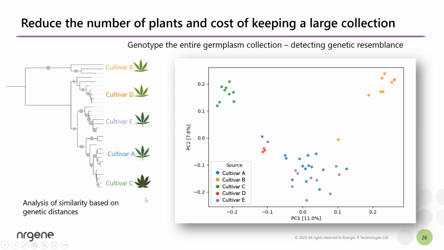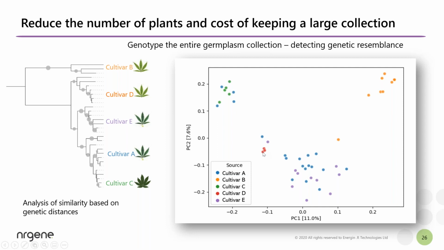We provide the genetic analysis and relatedness of the samples that you send to us. We can tell you which ones are close to another within the batch that you send and which ones are identical and which ones are redundant and which ones are farther apart. So you need to keep copies. In this example, if your germplasm looks like this, and this is actual results of genotyping using germplasm that we analyzed, the red dots in cultivar D, they're very close to each other.